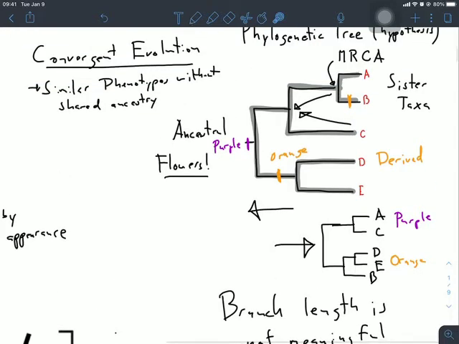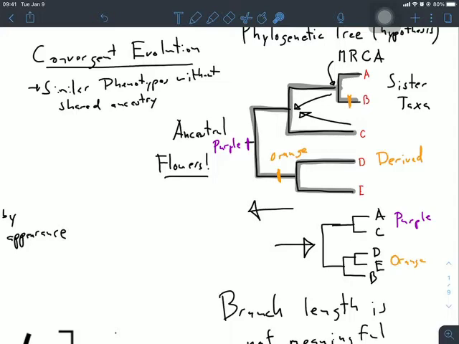And what I'm trying to illustrate here is that you can't say that A and B are more closely related to each other than D and E, despite the fact that A and B seem to have less distance between them. Know that that is just an artifact of me drawing them as a human freehand.